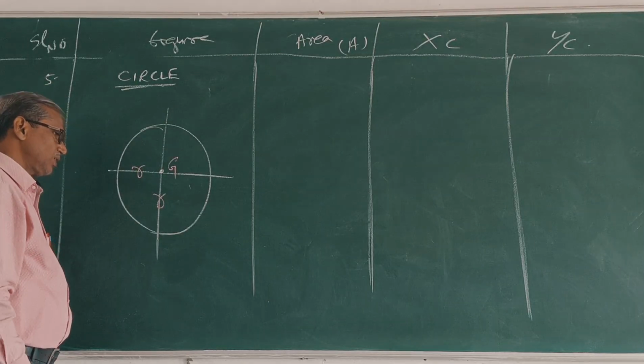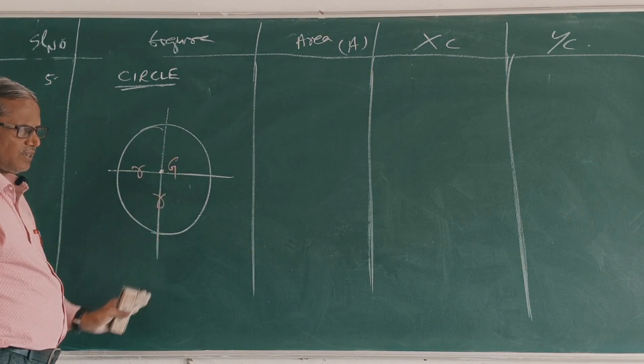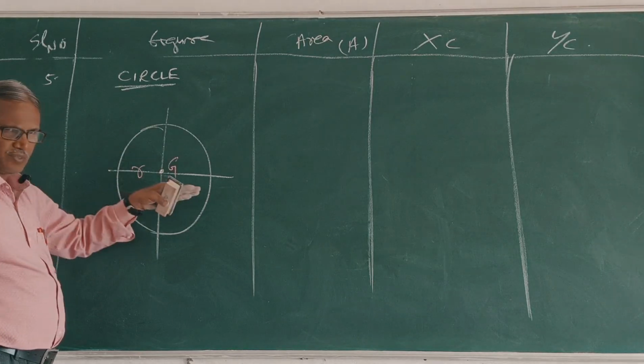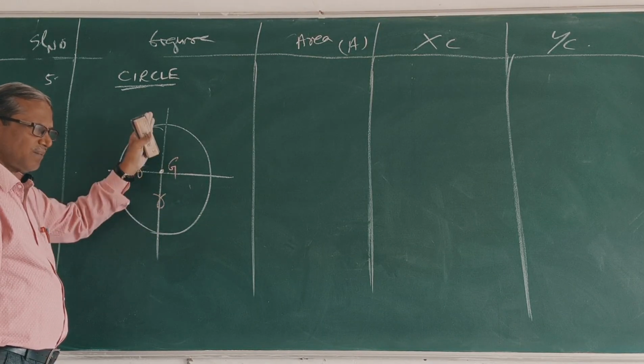So the CG lies on this axis. It is symmetric about both x and y. If you take the xy axis about the center, then its CG is 0.